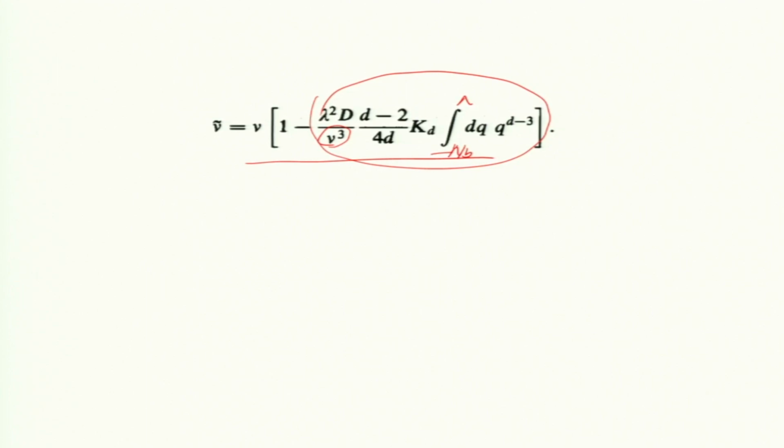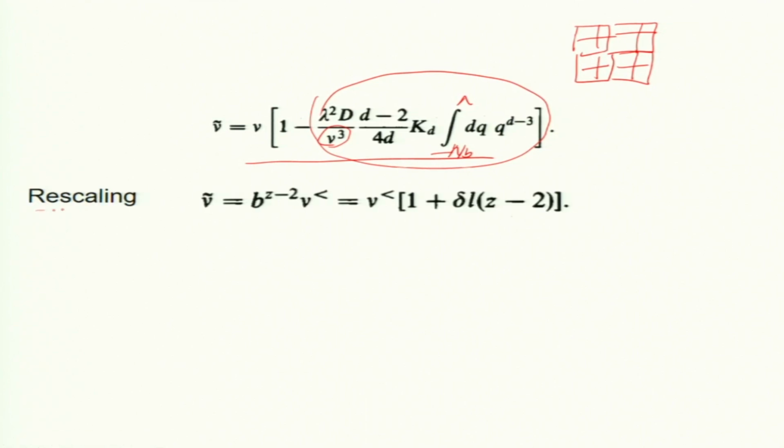When I coarse grain, my boxes become big, right? I have averaged over small boxes, so instead of small boxes I got these big boxes. So, you shrink it again. Okay. We want to follow the Wilson scheme, so we shrink it again, and that is the rescaling step.